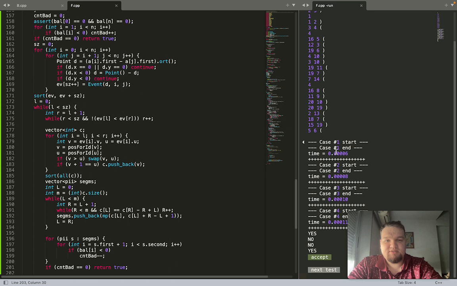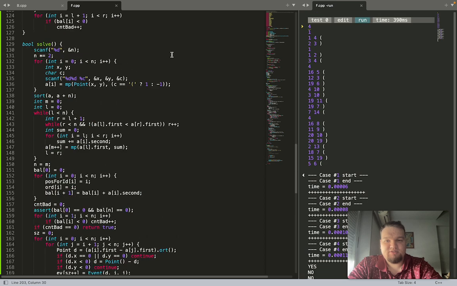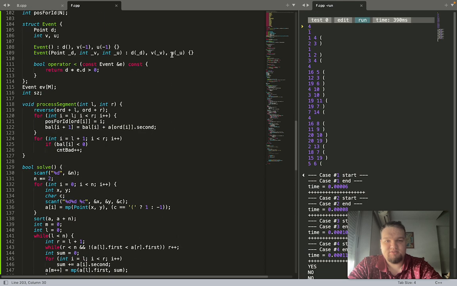Usually when the authors don't hate the participants, in those kinds of problems, you're not just asked to look at all the orders that you can get by choosing some direction and sorting points in that direction.